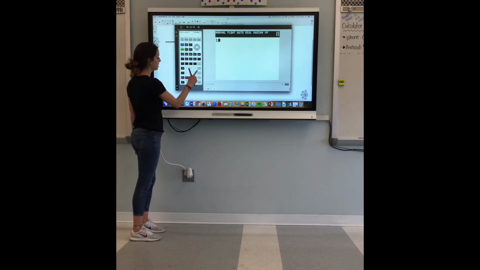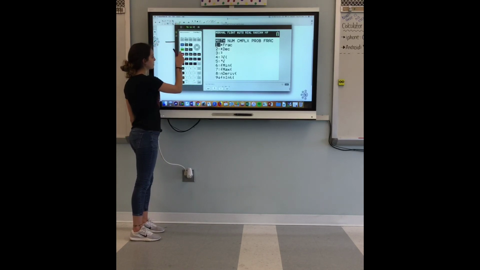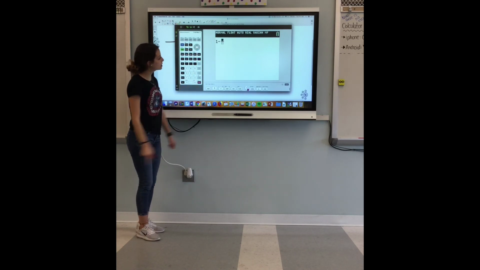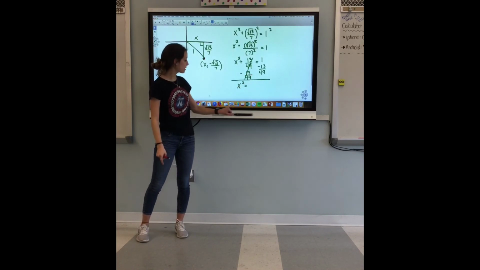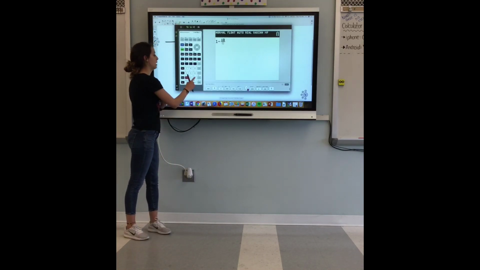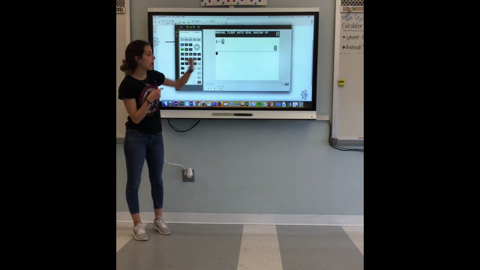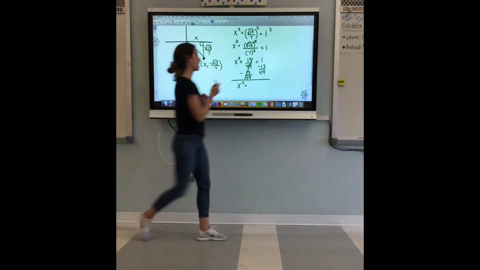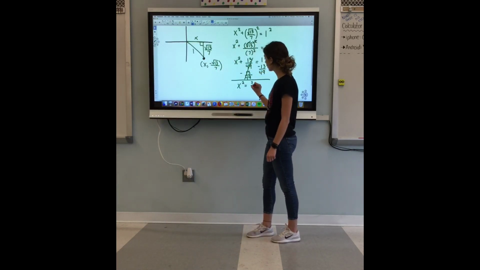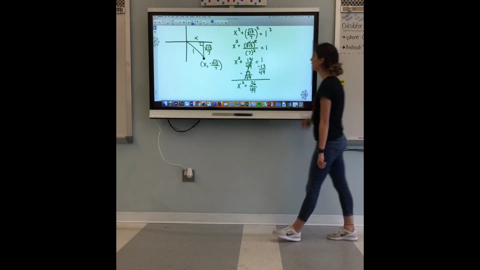So we have 1 minus, alpha, y equals, enter, and we're putting in 13 over 49. Make sure you use the alpha y equals button. It's very, very helpful. And we get 36 over 49. So x squared is equal to 36 over 49.